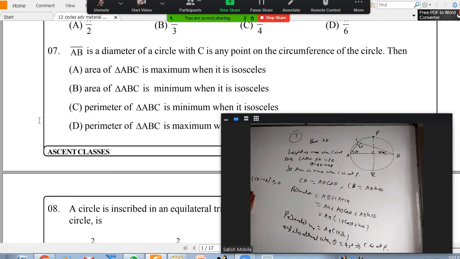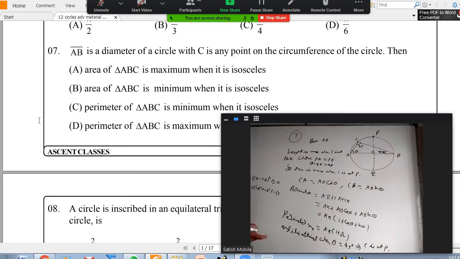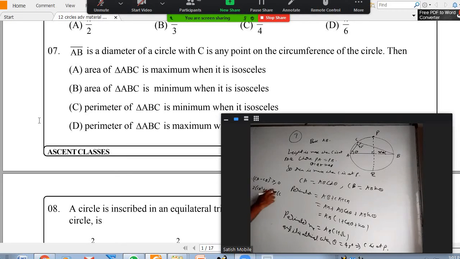This can be written as 2 times CA square plus CB square minus CA plus CB whole square.